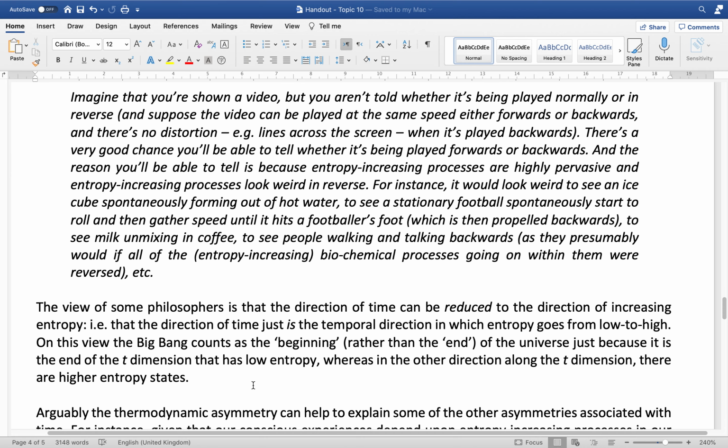So there seems to be, I suppose, a very tight link between our experience of time as having an asymmetry, or our thinking of time as having an asymmetry, and these asymmetric processes that all seem to be entropy increasing processes.